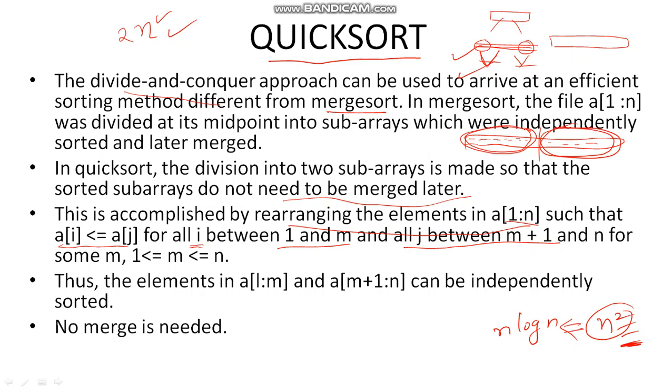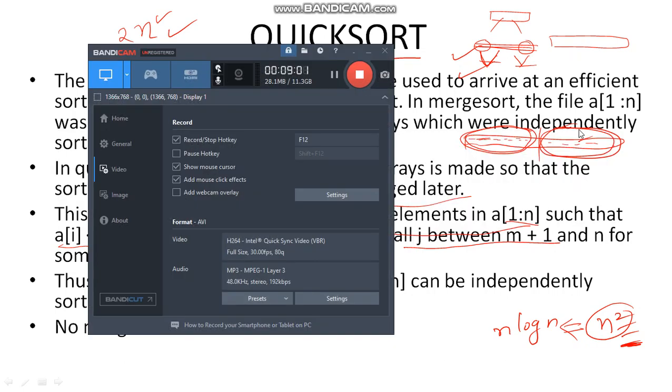So I am going to make such an adjustment. In quick sort, no merging is required. The elements in the array from low to m and m plus 1 to n can be independently sorted. So you can sort this one independently and you can sort this one independently later on. This is about the basics of quick sort.